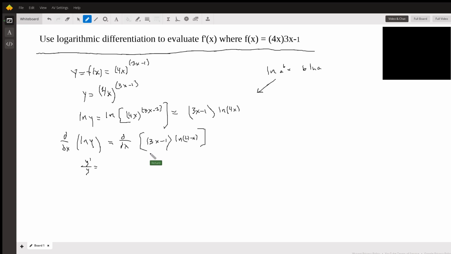And then on this side, we're just going to use product rule. So it's the first times the derivative of the second. Derivative of the second is just going to be 1 over 4 minus x. I'm sorry, I wrote that wrong. That's just log of 4x. Sorry.